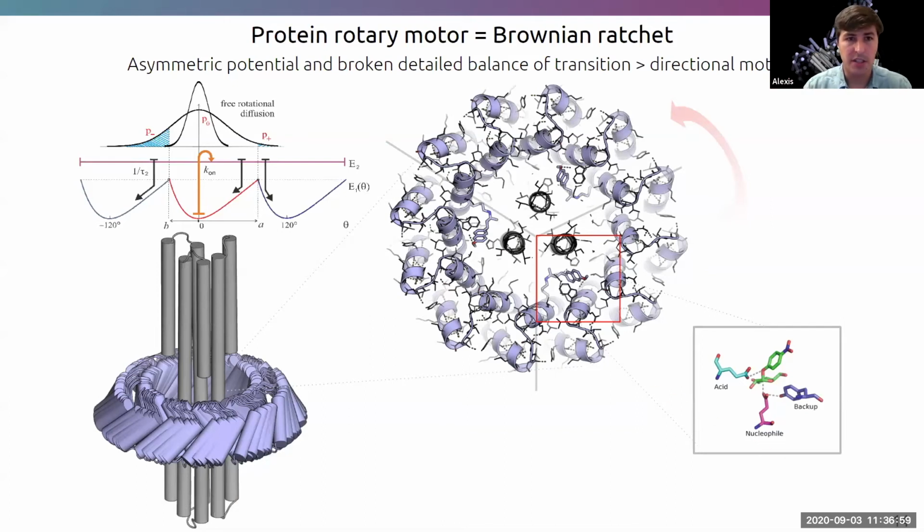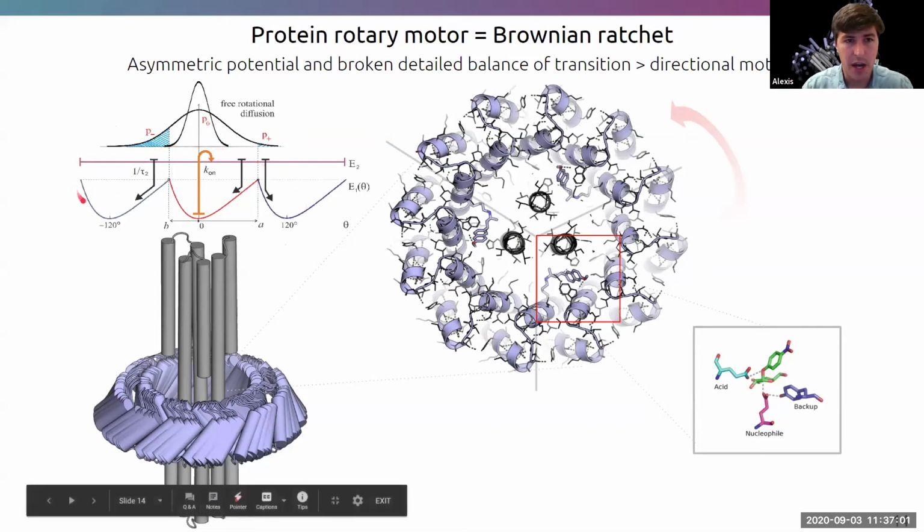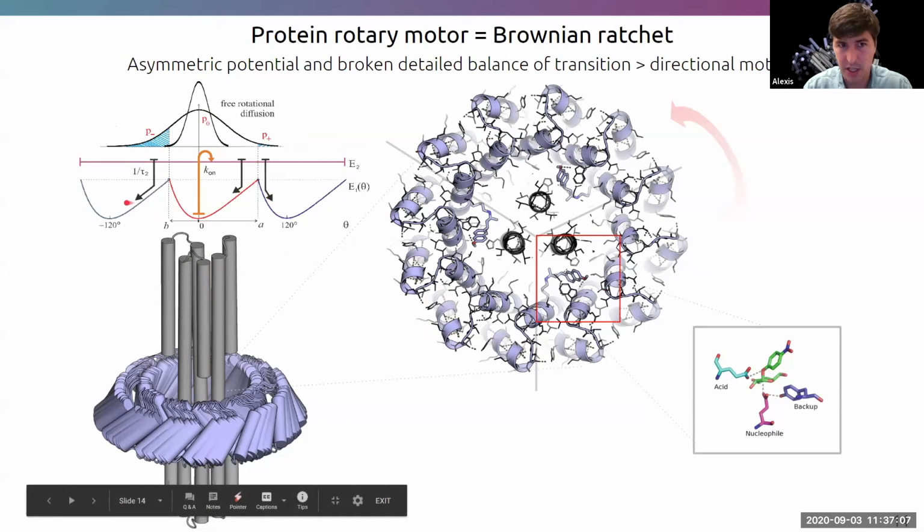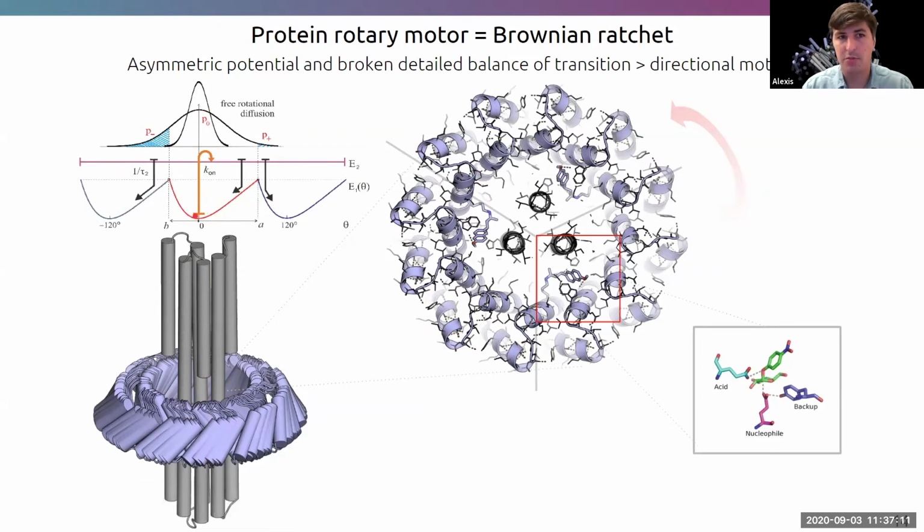And so that's what I'm depicting here. If you have an asymmetric potential along the rotational axis, if you look at the energy, you need an asymmetric potential like this, and then every time you bind a small molecule and go down, you increase the probability of the whole system aligning into one direction relative to the other. And so that's the mechanism by which you can generate work.